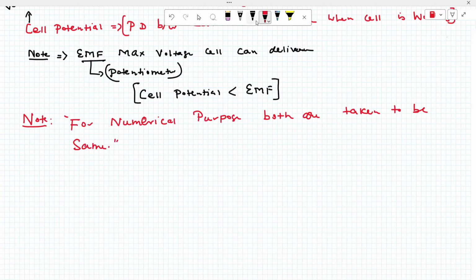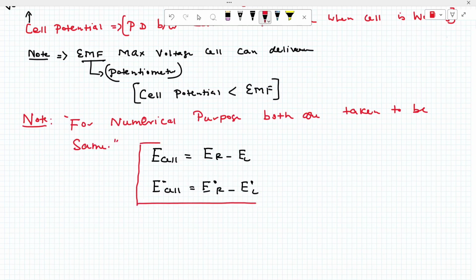We know E cell is equal to ER minus EL. Similarly, E naught cell is equal to E naught R minus E naught L. All values should be SRP only, not SOP.